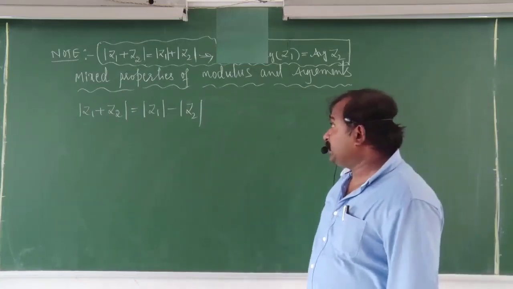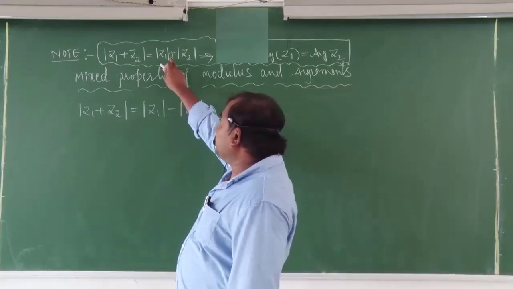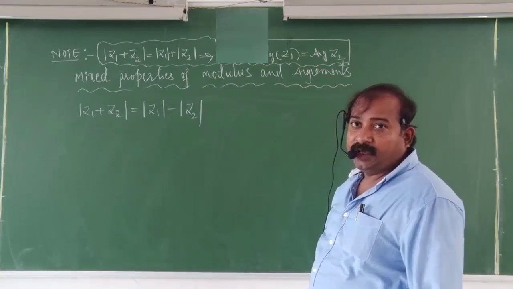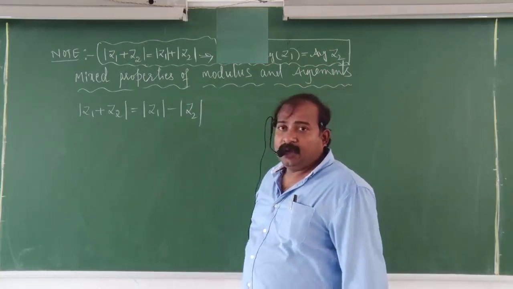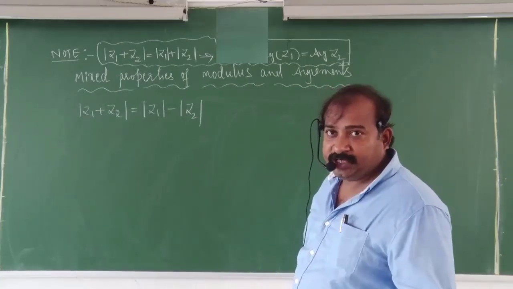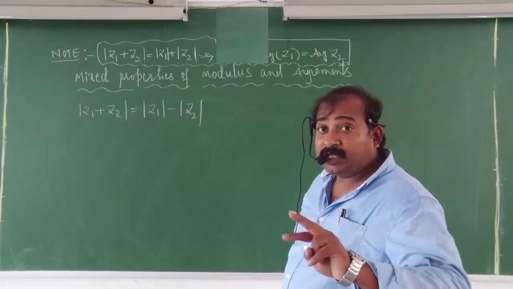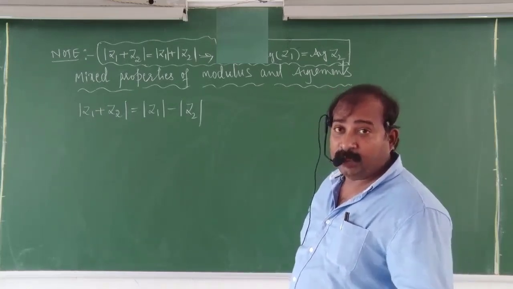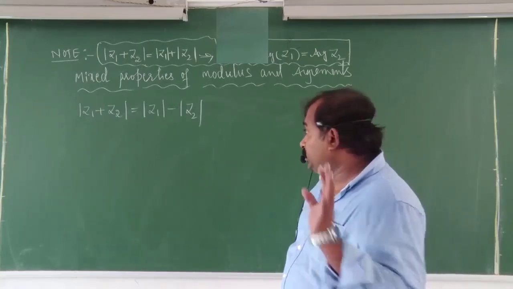Here they gave plus, you got then argument of z1 equal to argument of z2. If they give minus, modulus of z1 plus z2 equals modulus z1 minus modulus z2, then what is the relation between the arguments of the complex numbers z1 and z2? Okay, now listen all of you.